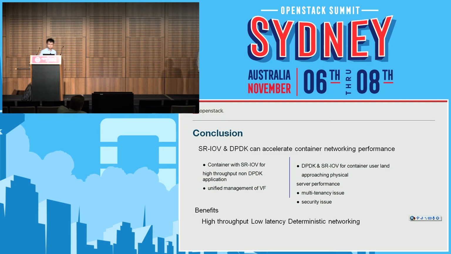To achieve the ideal performance, we could run DPDK inside the container, just using the SR-IOV device directly. This is what we call userland. In this way, we don't have to pass the VF through to the container, because the application running in the container will automatically detect the available VFs in the host.